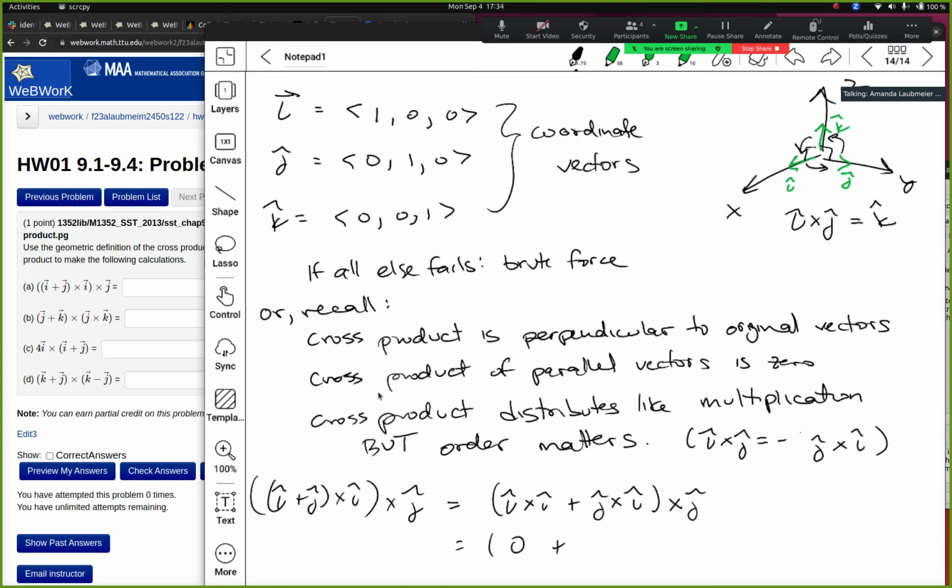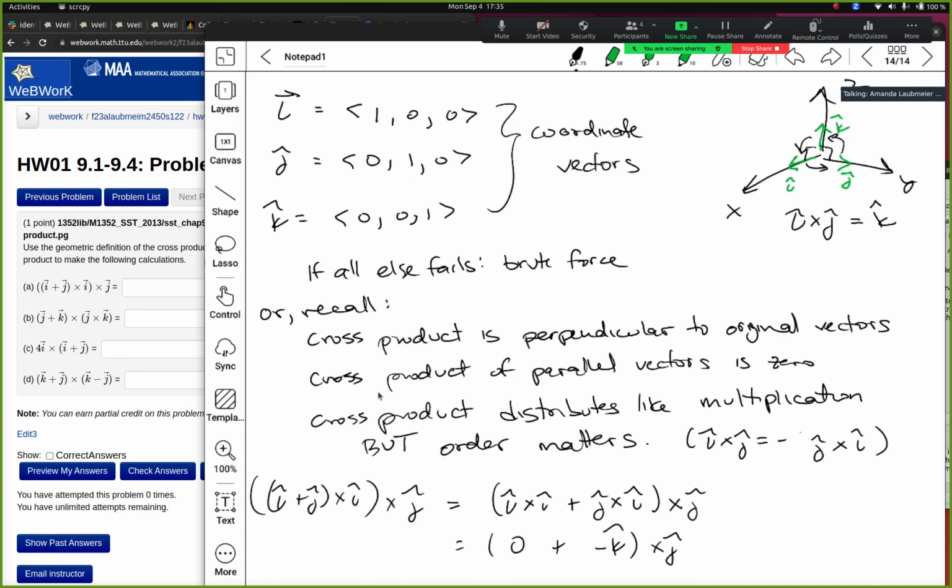Admittedly, that's not something you would really know. A lot of people know it from physics classes, which is when you might have been exposed to it, but I don't think we talk about that in earlier math classes. So anyhow, i hat cross j hat would be k hat, but I need j hat cross i hat, so that's going to be minus k hat.